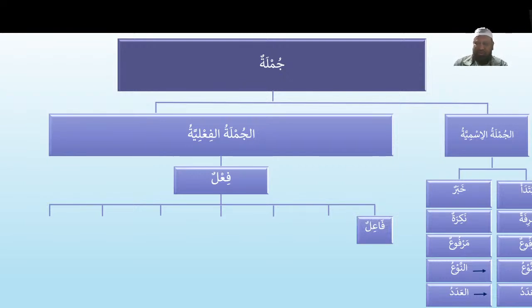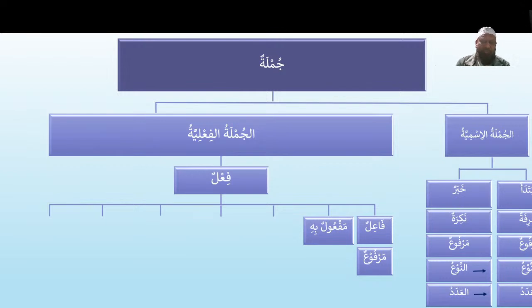Fa'ilun. So what is the i'rab of Fa'il? It is Marfu'un. The i'rab of Fa'il is always Marfu'. So in Jumlatul Fi'liya, other than Fa'il, the rest of the things we're going to add will be in Mansub case. In the last lesson, we learned Maf'ulun bihi.